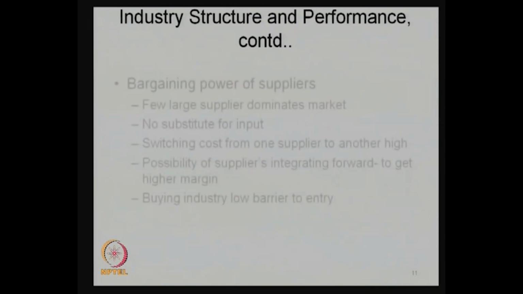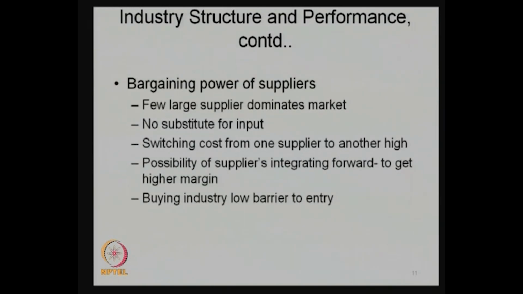Next category of things that we have is the bargaining power of the suppliers. Now, in fact, it is a corollary to the earlier discussion that we had on the bargaining power of buyers. The bargaining power of suppliers is exactly opposite here.